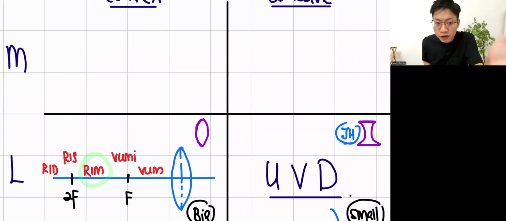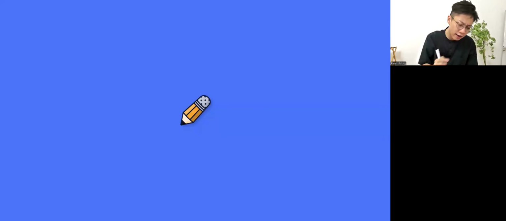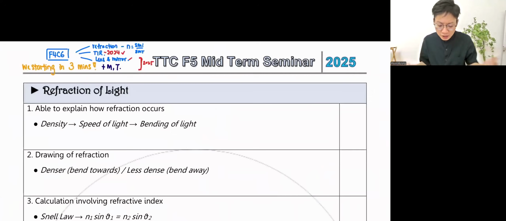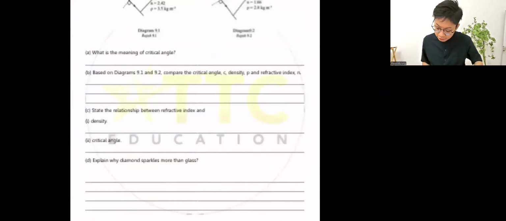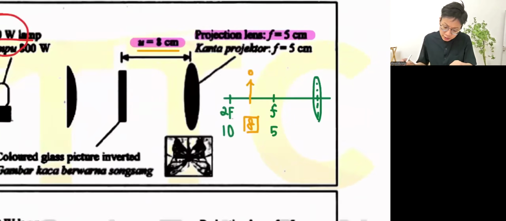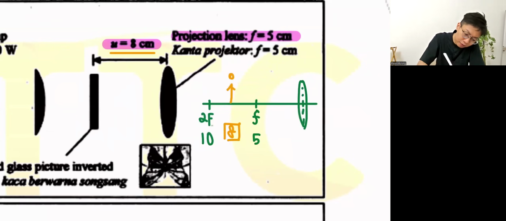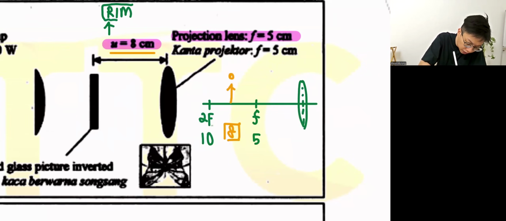Real inverted magnified is between F and 2F. So we come back to here. If you want between F and 2F, then it has to be 8 cm, in order to form a real inverted magnified image.